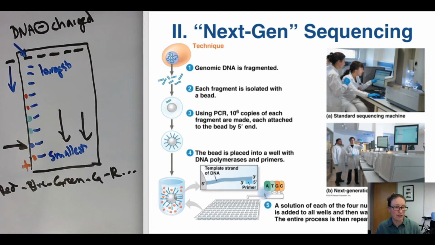For example, it'll first wash with A, then it will wash with T, then G, and then C. And then that whole process gets repeated over and over again. And I think these pictures are kind of hilarious because a lot of this is just automated at this point. So you just kind of interact with giant machines if you're doing this type of work.